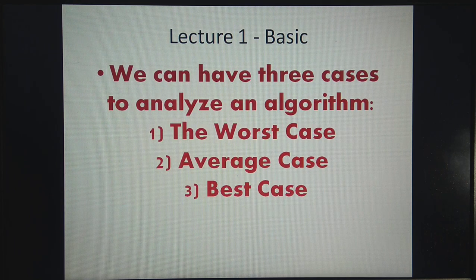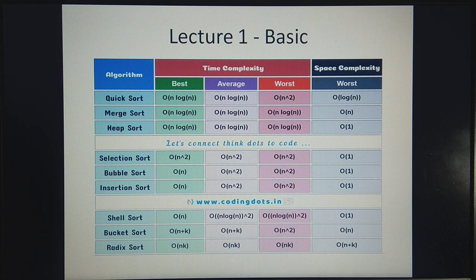So we can have 3 cases to analyze an algorithm. The first one is the worst case, second one is the average case, and third one is the best case. How to find it? If you search in Google, you can find the time complexity of best, average and worst case.